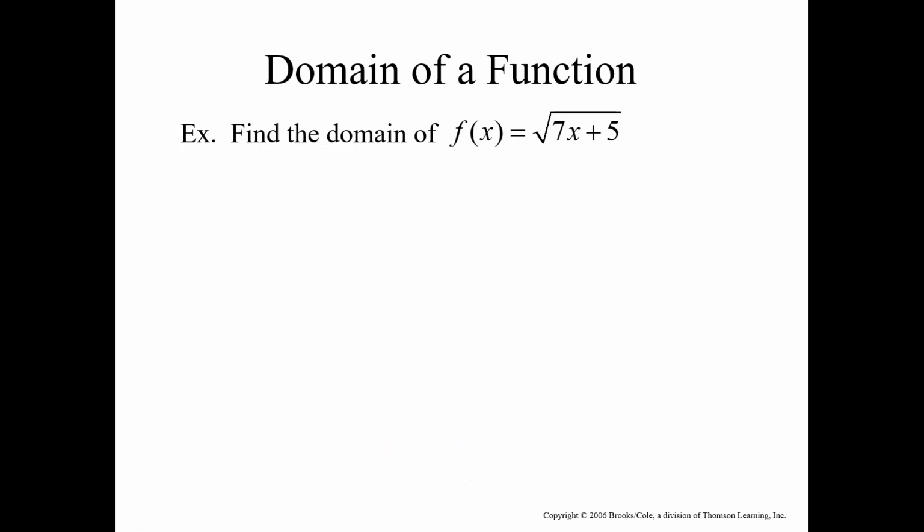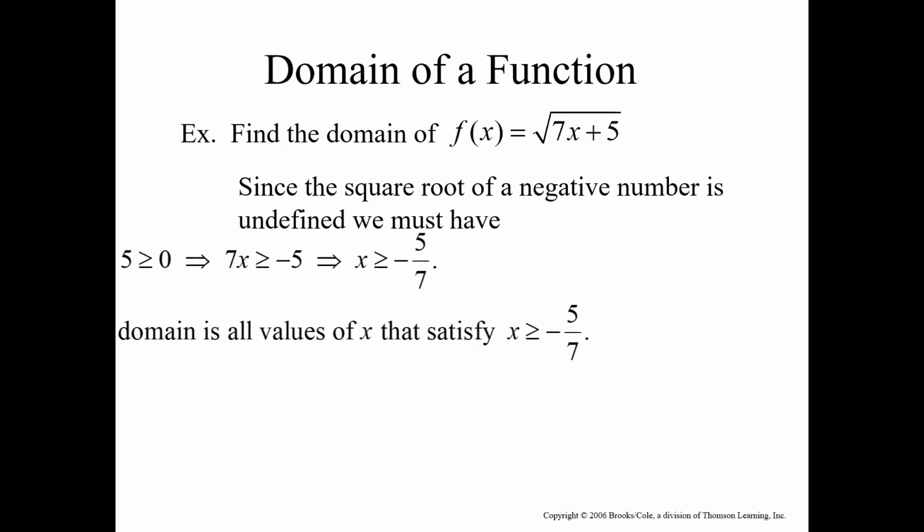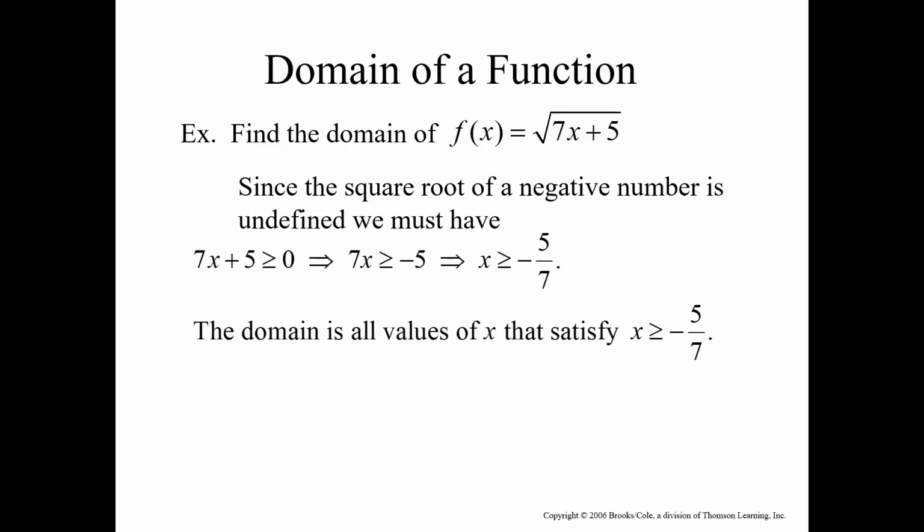Then the third example is when you have a function and the function is under the square root sign. Then what do you do? Since you cannot find the square root of a negative number, we also have to make sure that the expression under the square root sign does not go below 0.